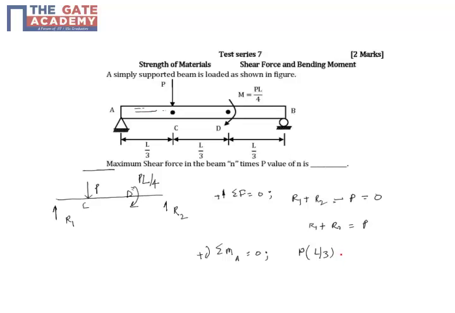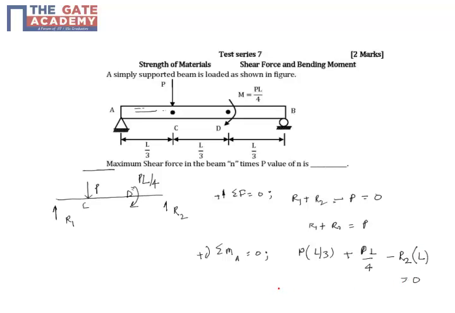So PL by 3, and then at B you have a clockwise couple, so you can take PL by 4 directly, and R2 acts in such a way that it moves things in the anti-clockwise direction, so minus R2 into total length L, that is 0.